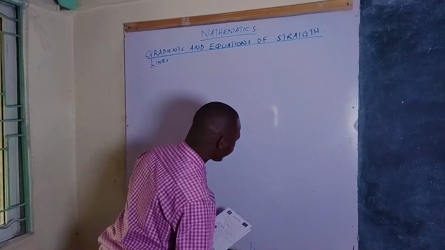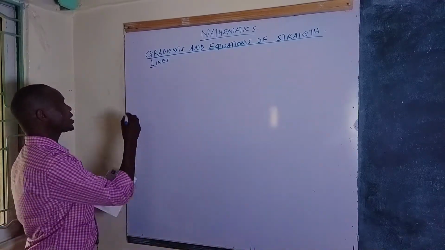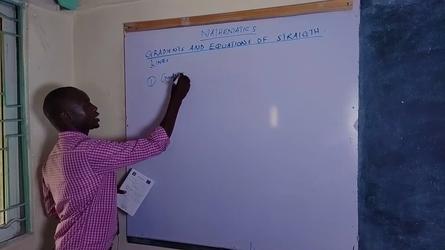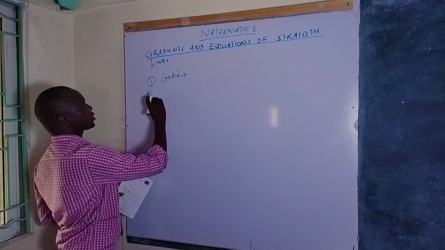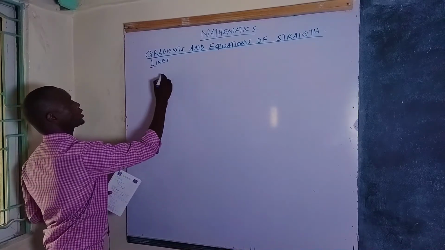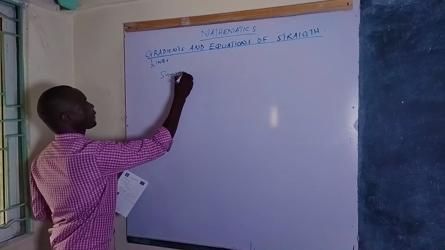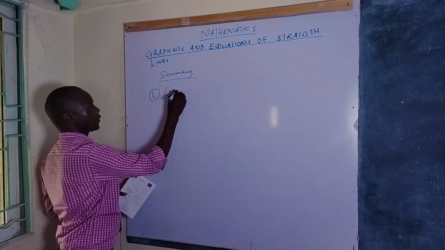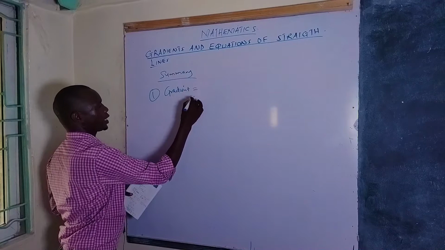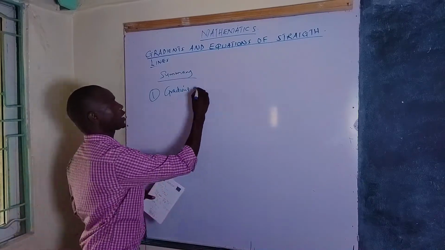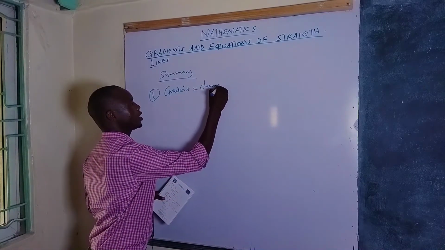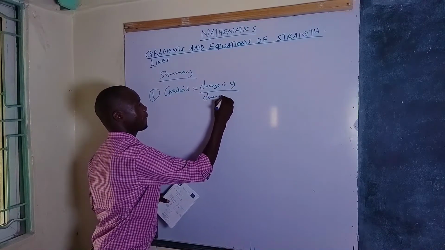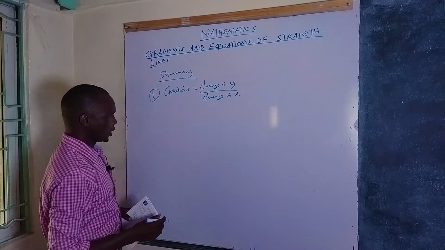Number one, we have looked at how to get the gradient of a straight line, which will always be equal to the change in y over the change in x coordinates.